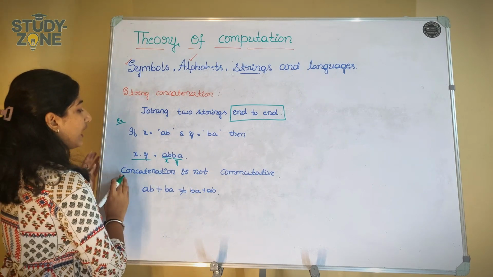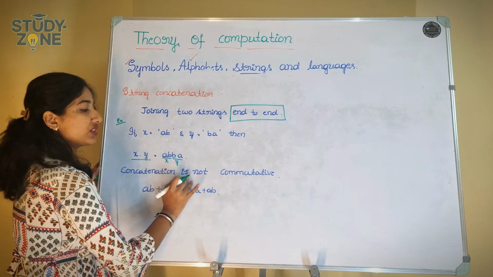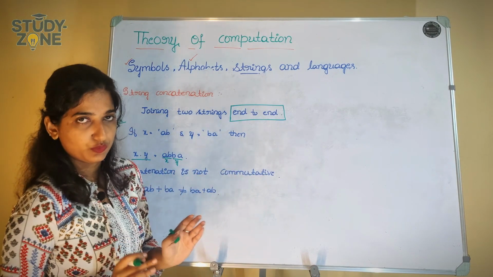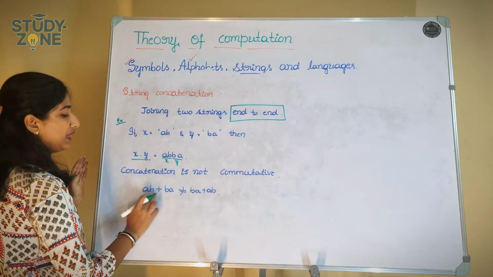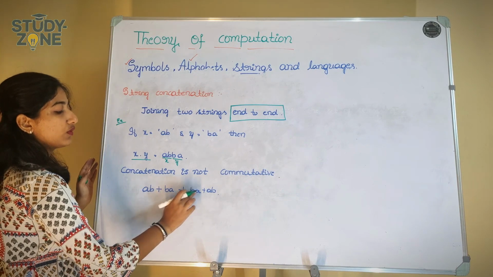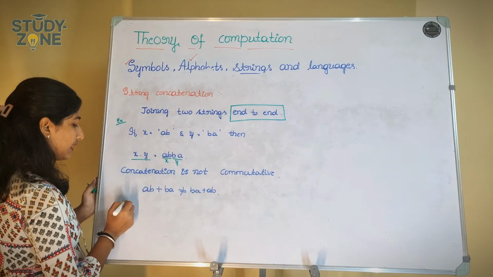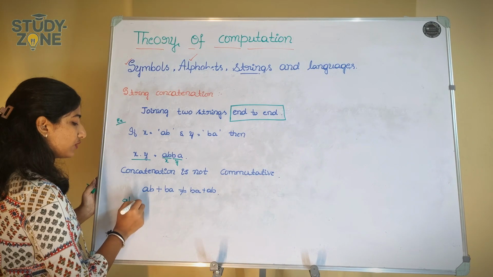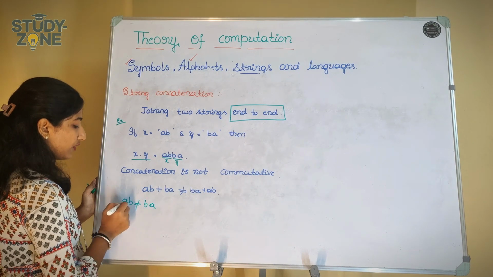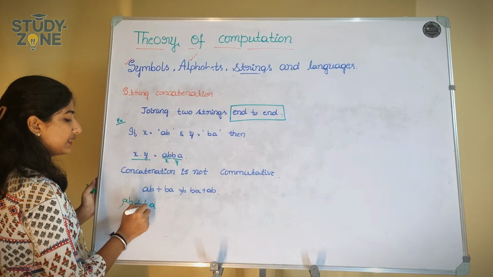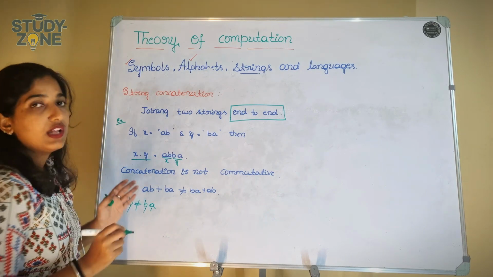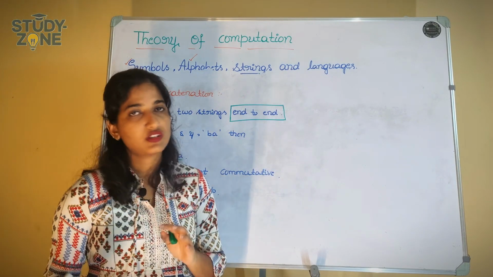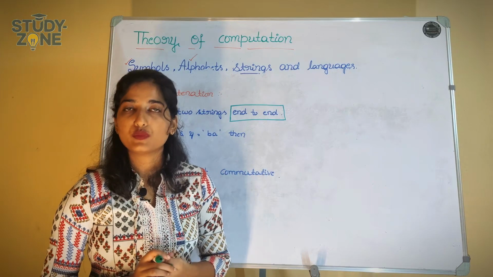Another thing is that concatenation is not commutative. So here AB plus BA is not equal to BA plus AB, because AB is not equal to BA, right? Each is an individual element. So string concatenation is not commutative.